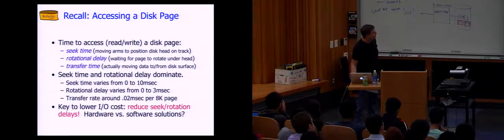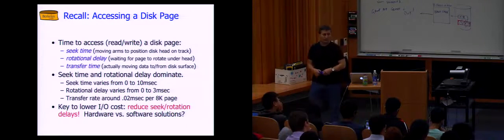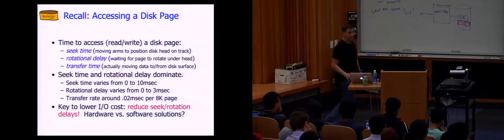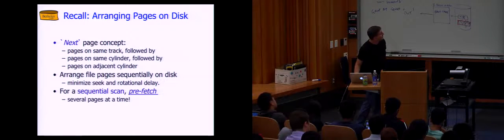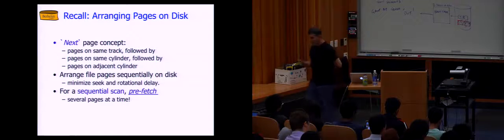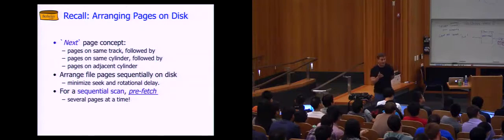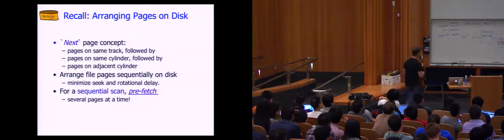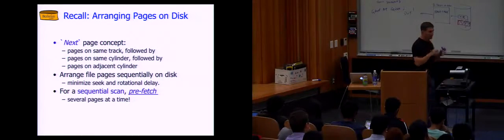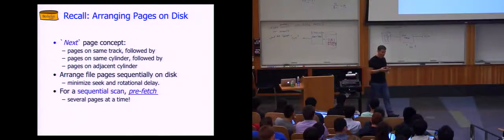So we want to try to do things to reduce seek and rotation delays, or simply to not go to the disk drive at all by caching things in memory, or by prefetching things into memory before we need them. Okay. And then lastly, for magnetic disks, sequential I/Os and random I/Os have very different costs because of the cost of seeking and rotational delays. And therefore, we want to think about pages that are near each other on the disk versus pages that are far from each other on the disk.